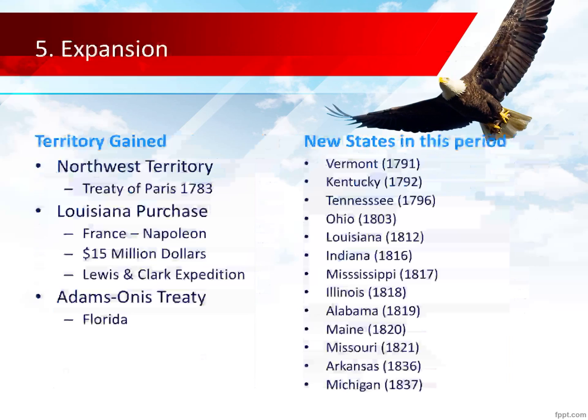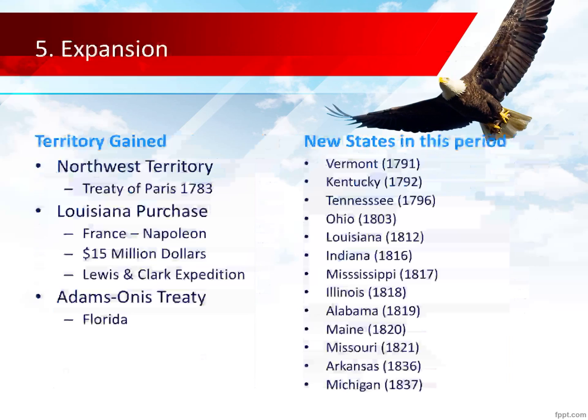Actually, Missouri was part of the Louisiana Purchase. I owe you an apology on that one. And then we're going to have a state form out of another state. Maine used to be part of Massachusetts. It was part of the state of Massachusetts, and Maine was allowed to become a state when the Massachusetts legislature said they could become their own state, and that happened in 1820. And then we had an independent country become a state of the United States. A lot of people don't know this. Vermont.